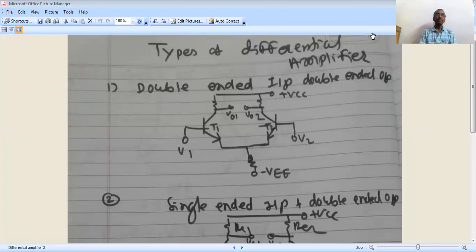See in the diagram, in both the cases, two transistors T1 and T2, input signal voltages V1 and V2 are applied. Input voltage V1 is applied to the transistor T1.